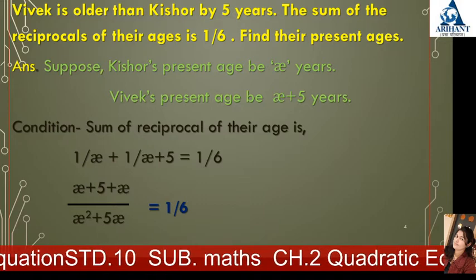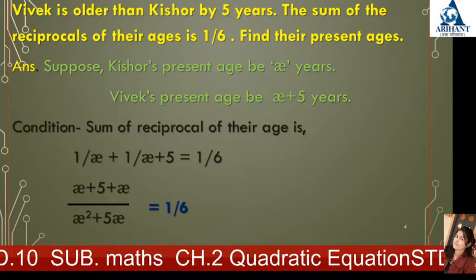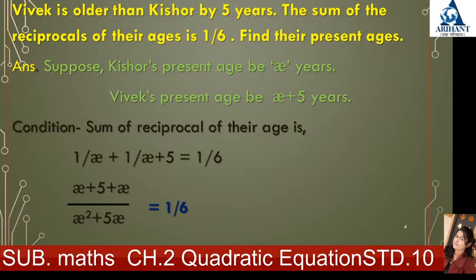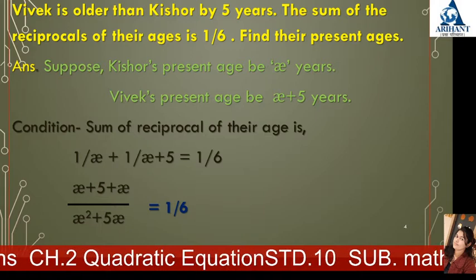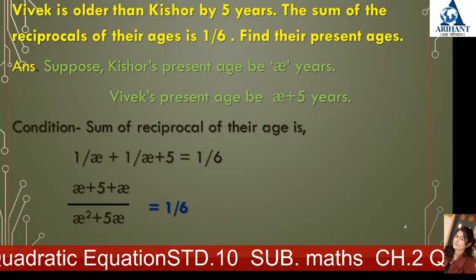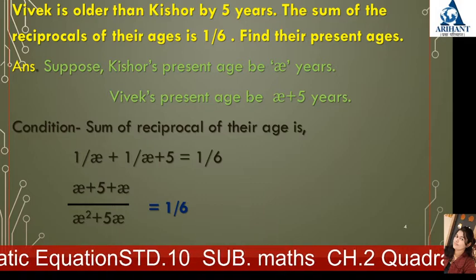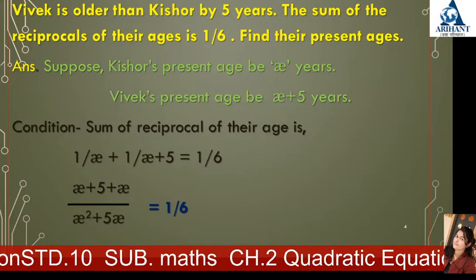That is equal to 1 upon 6, which is given, 1 by 6. So let's simplify the example. 1 by x plus 1 upon x plus 5. If we take cross multiplication, we will get x plus 5 plus x upon x square plus 5x equal to 1 by 6 as it is.